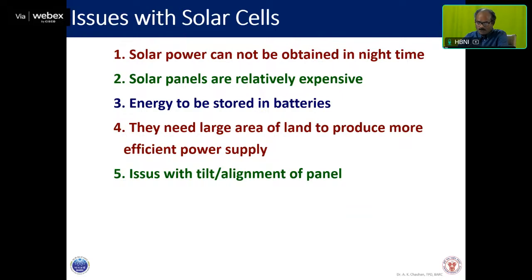So even if you make any angle, your solar panel will not be facing the sun all the time. So you can have an arrangement that as the sun is moving, automatically the panel also starts moving, but that is also a very expensive arrangement and requires a lot of maintenance. So that is not a practical solution.